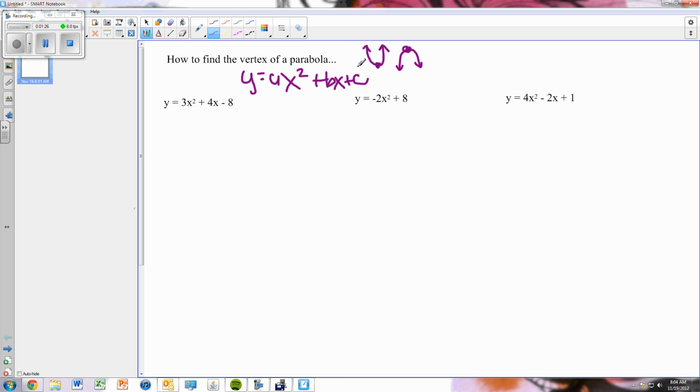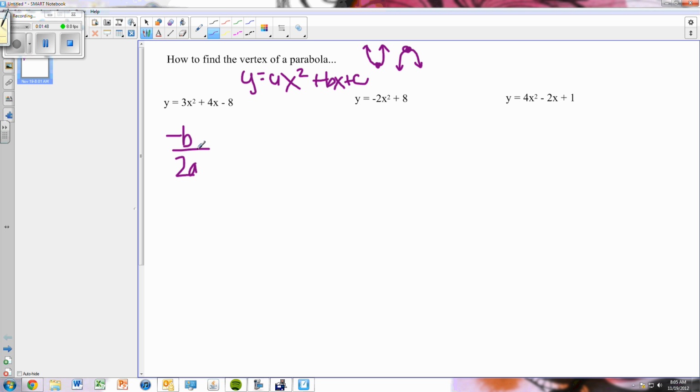Okay, that is just your generic form of a parabola, kind of like a line is mx plus b. This is what parabolas are. And to find the vertex, you need to know the formula negative b divided by 2a. So this formula, negative b over 2a, will allow us to find the vertex.